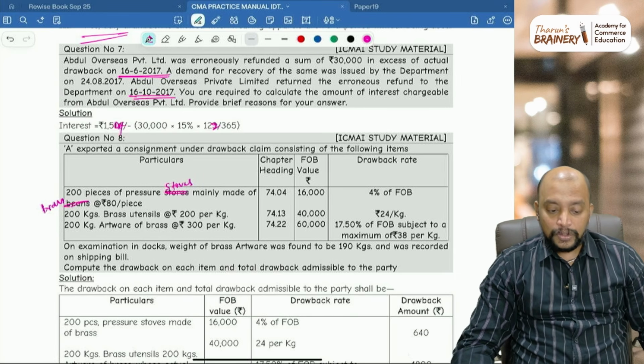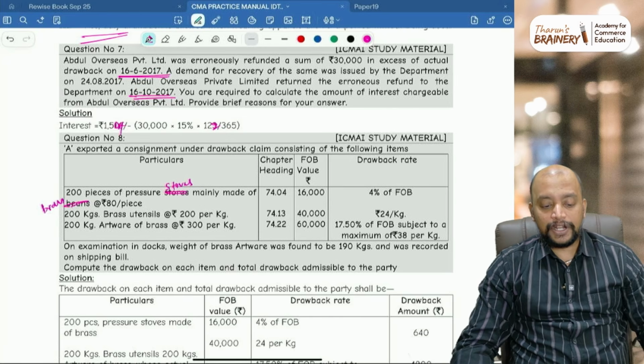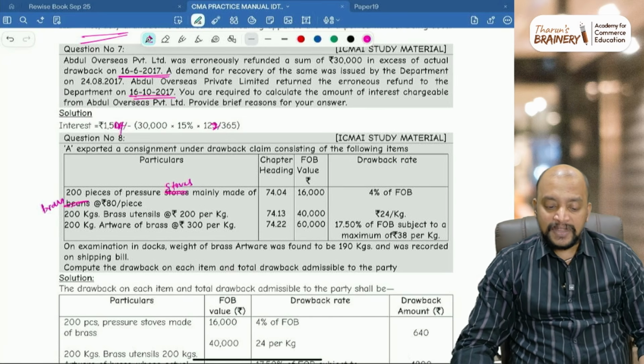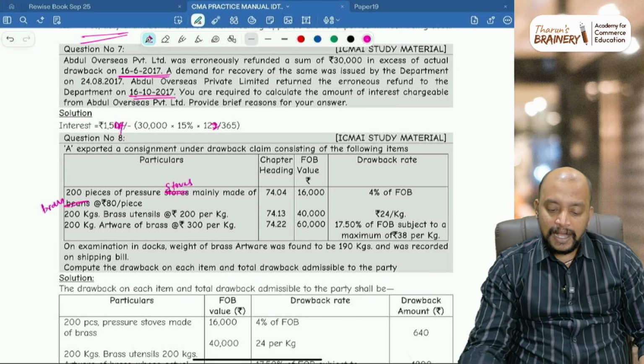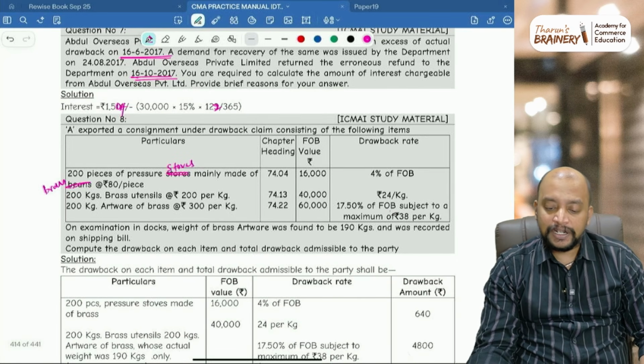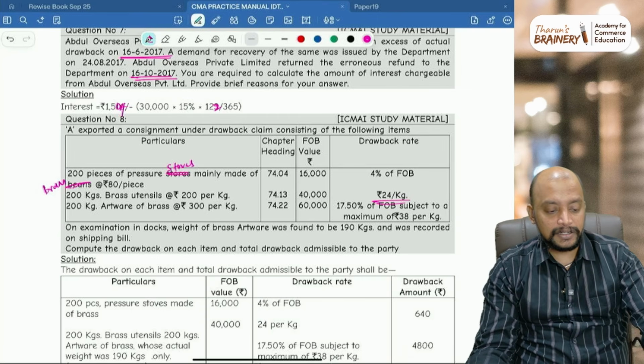Then 200 kgs of brass utensils at 200 rupees per kg, 40,000, and say this 24 rupees per kg and 17.5% of FOB. So 24 rupees per kg is directly given, so you take that.